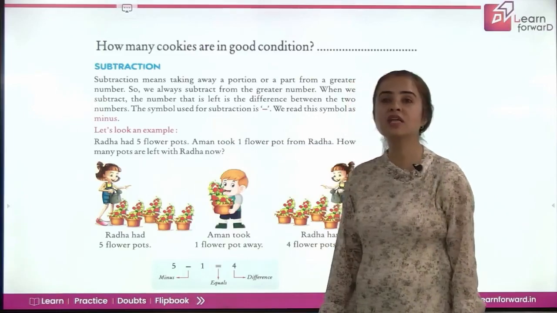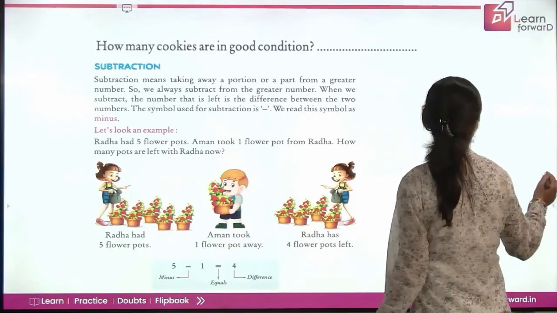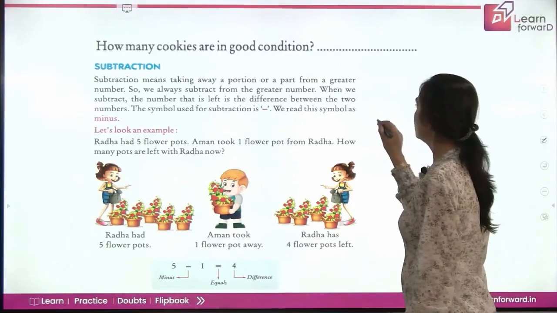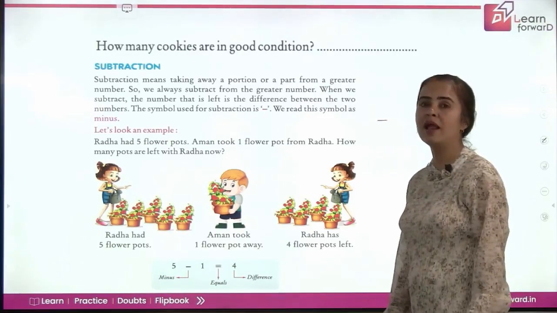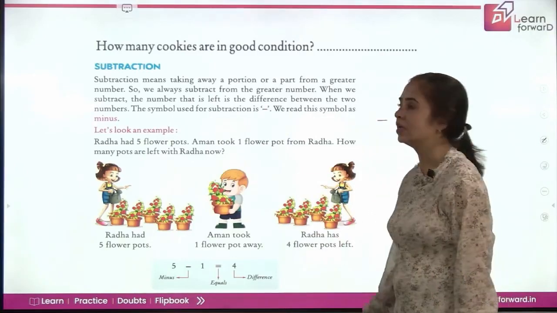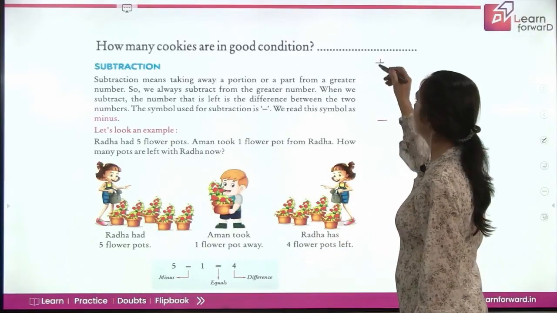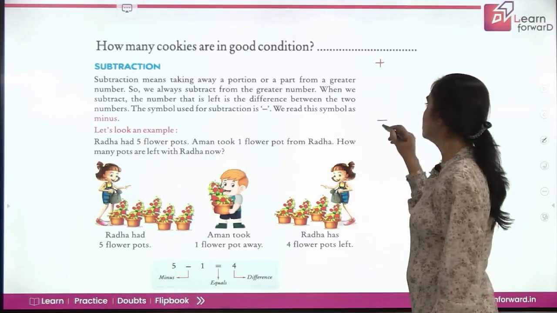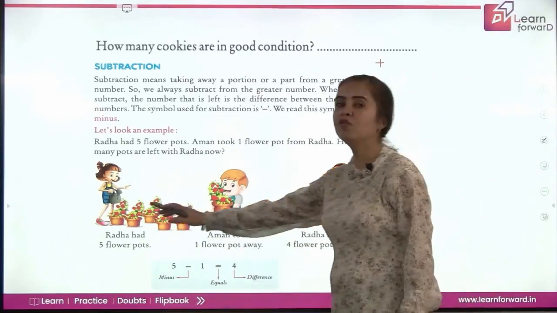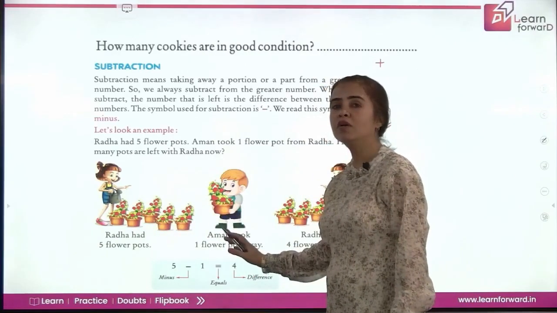Now, what is the sign for subtraction, children? Subtraction is a minus. And how do we show it? This small line is called minus and it shows we are subtracting. Just like for addition, you learned the plus sign and this is the minus sign for subtraction. So 5 and Aman took away how much?